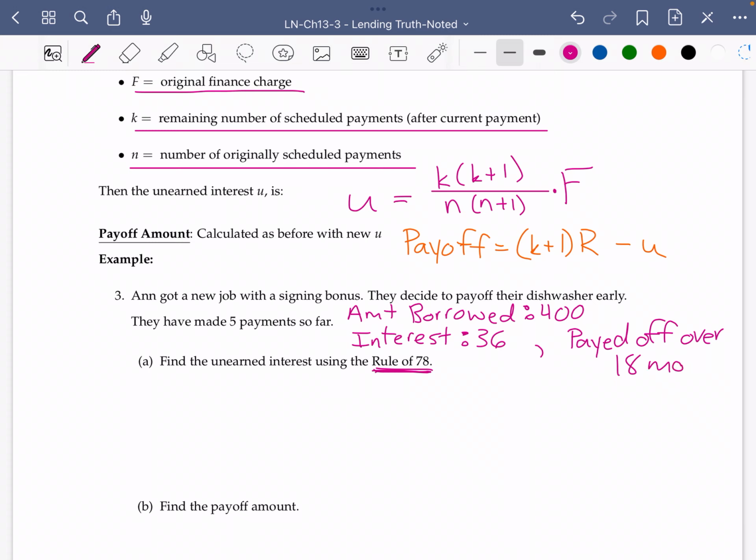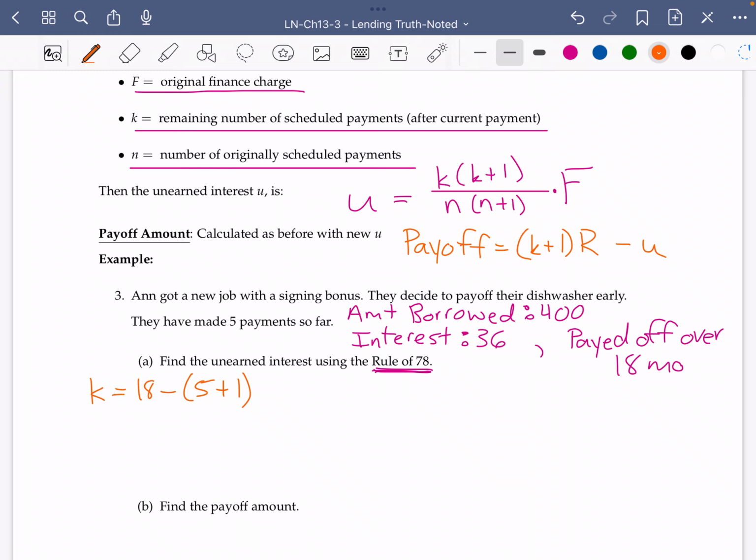All right, so if we go through this, we are going to find out our unearned interest. Our value for K, the number of payments that they have left: they were going to make 18 payments. They've already made 5. They're getting ready to make one.